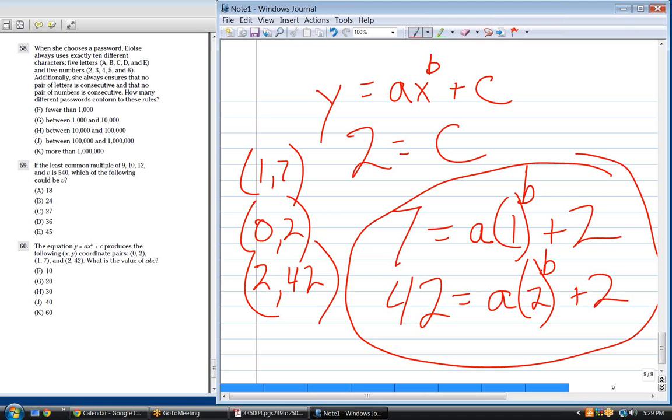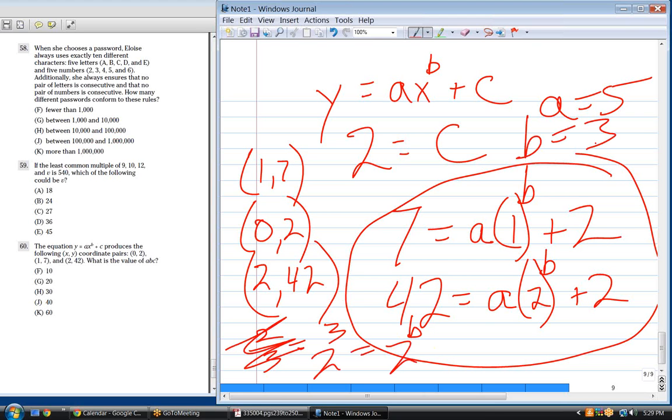In fact, A is 5. So 42 equals 5 times 2 to the power B plus 2. This would be 40 equals 5 times 2 to the B, so 8 equals 2 to the power B. 2 to the third equals 2 to the power B. So B equals 3.